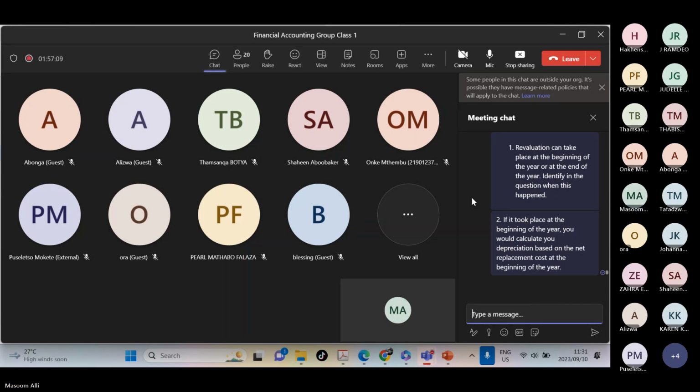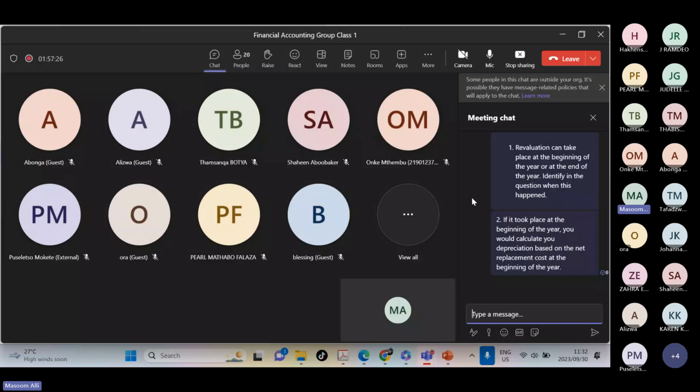Your net replacement cost essentially is your gross replacement cost depreciated. Basically it's like saying that if we had to acquire this asset at 2 million rand as at the date of initial recognition, what would its carrying amount now be? And you revalue to that.